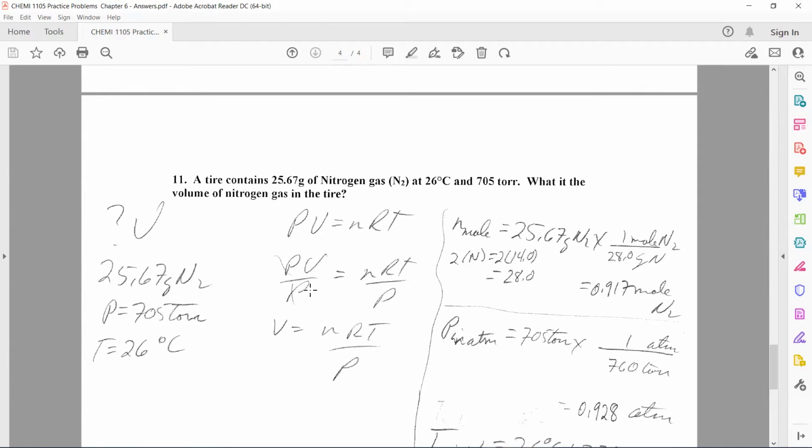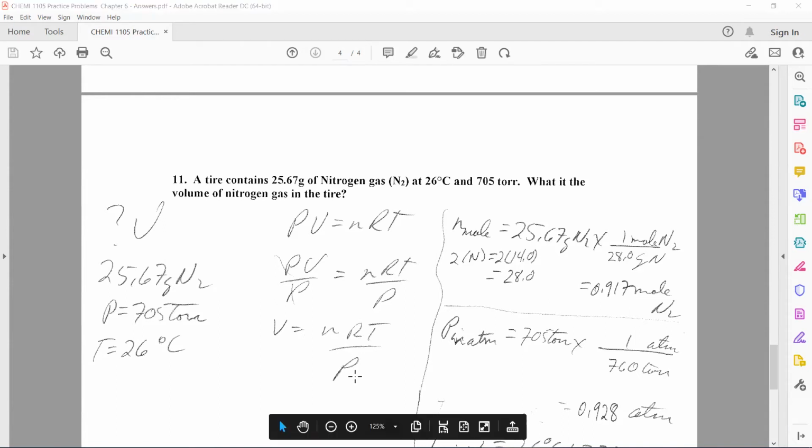Pressure divided by pressure, anything divided by itself, is the number one, and 1 times V is V. So V equals nRT divided by P.